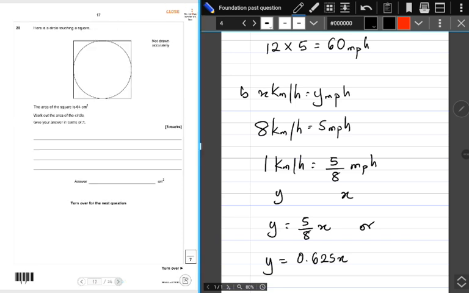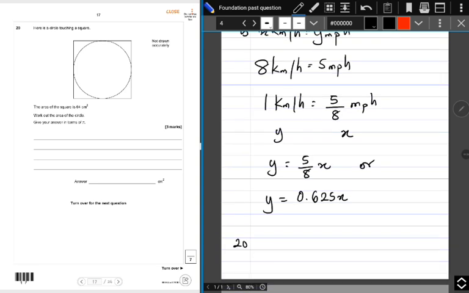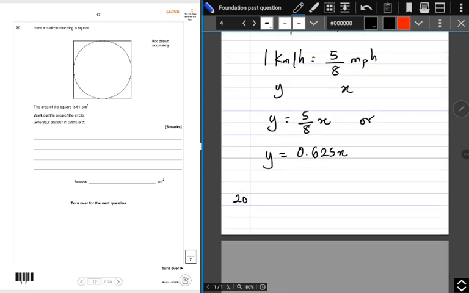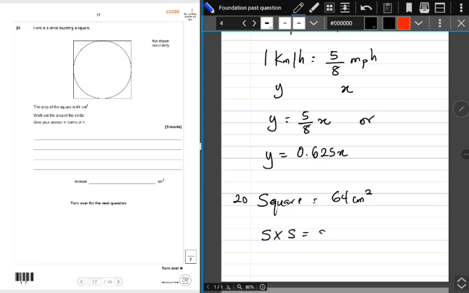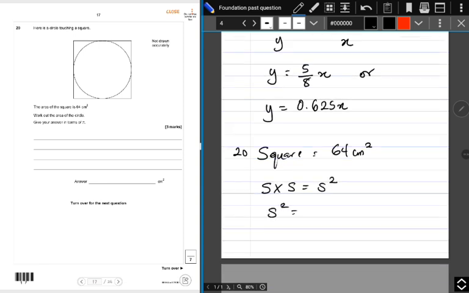Question 20. Now we are given a circle here. He said here is a circle, a tangent and a square. He said the area of the square is 64 square centimeters, equals 64 centimeters squared. So for us to get that, we have side times side, which is always side squared. So side squared equals 64 centimeters squared.